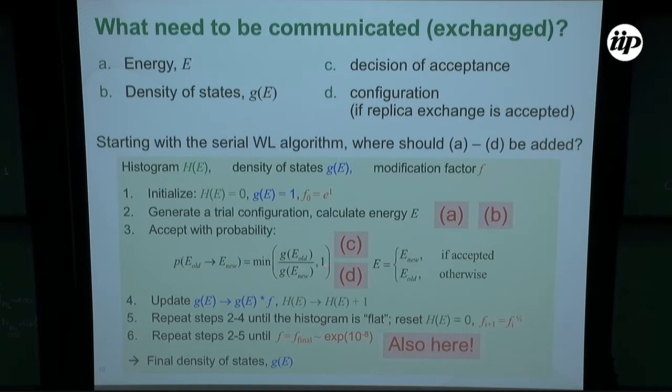And then if you decided to have a Replica-Exchange, then you exchange the configurations. So all these are actually done in step number 2 and 3. Here once you have calculated the energy, and then once you have calculated the acceptance probability.